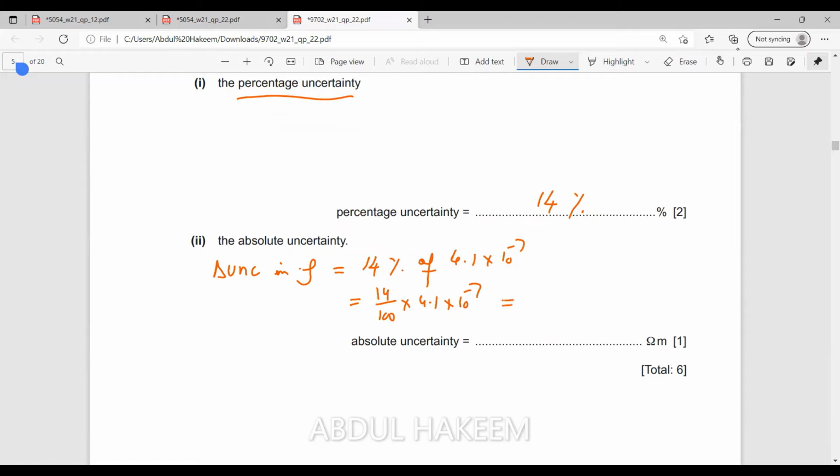So the answer is coming approximately 6 into 10 power minus 8. So we can write it either 6 into 10 power minus 8 or 6.0 into 10 power minus 8. So this is the uncertainty, plus minus.